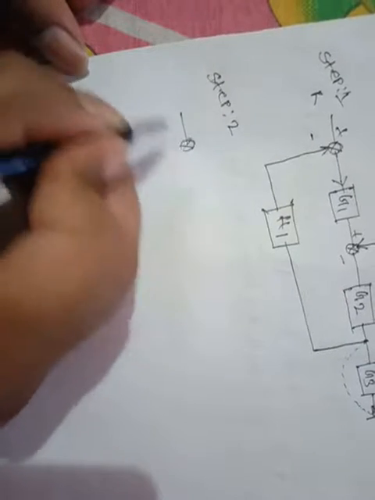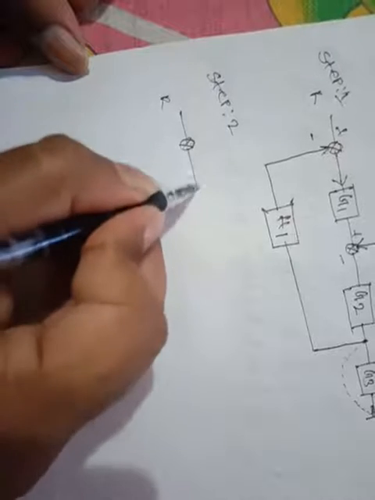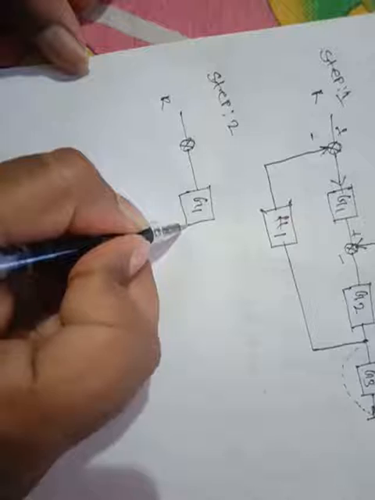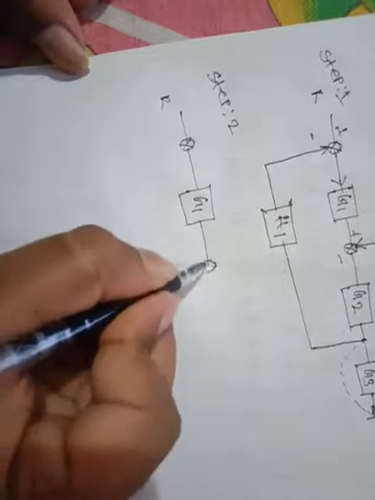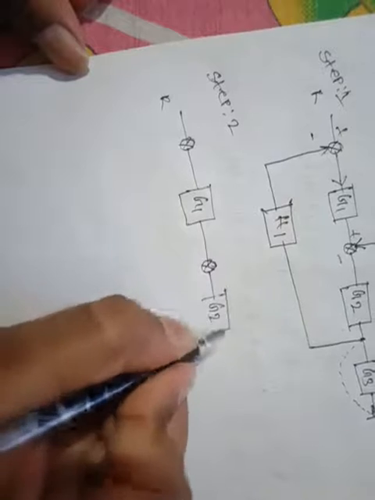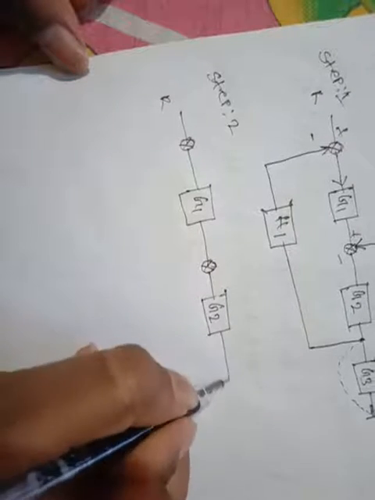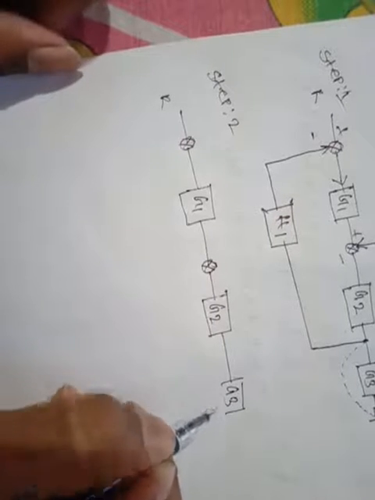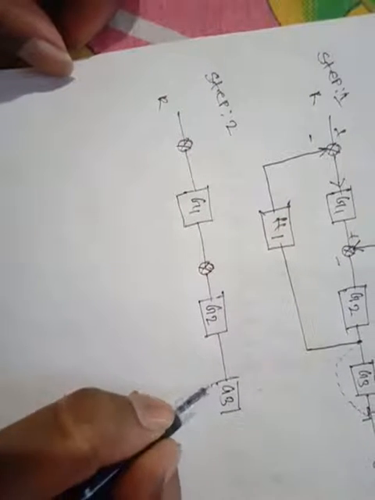R is the input, the transfer function is G1, the summing point, G2, another point, G3.